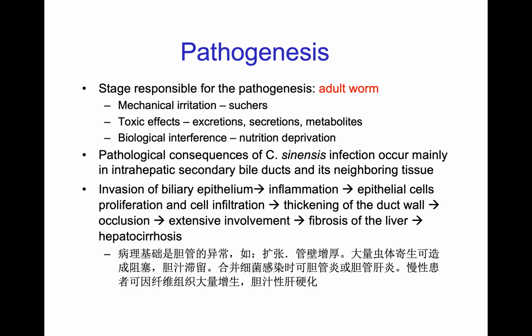Pathogenesis, which means how the disease is caused by the parasite. The stage responsible for the pathogenesis is the adult worm. At first, when they get inside the body, you don't feel it. Then we understand that the liver fluke has a sucker to attach to the residing site.